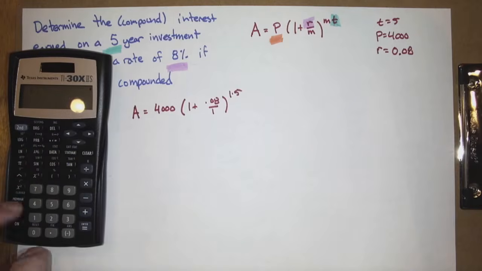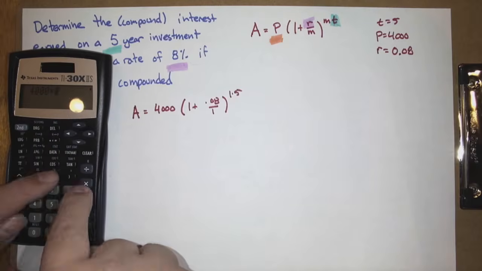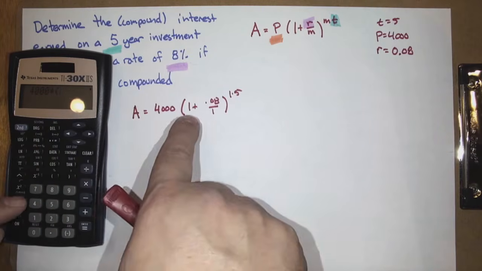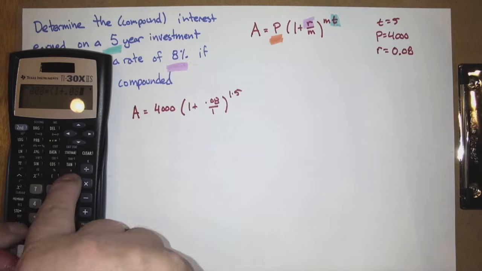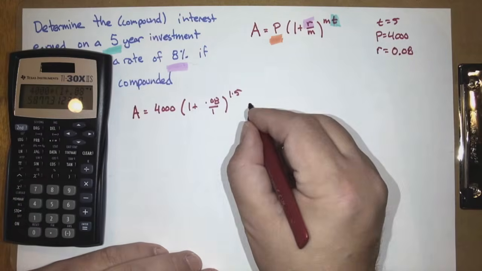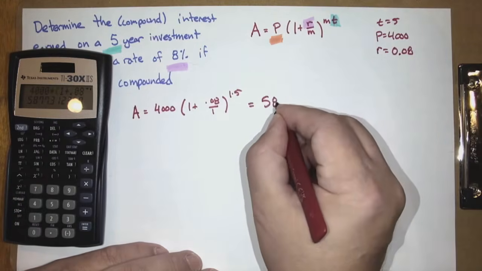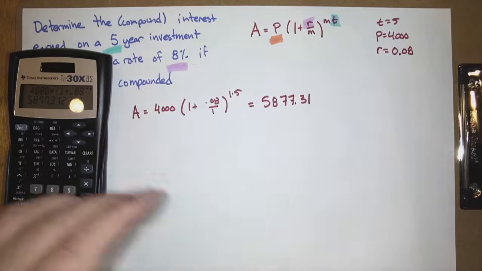And of course, the big thing, be careful that you plug things in correctly. Be generous with your parentheses. 4,000 times 1 plus 0.08. And I know what 0.08 divided by 1 is, 0.08. And then I'm going to raise that to the 5. And that gives us $5,877, and we round 31 cents.